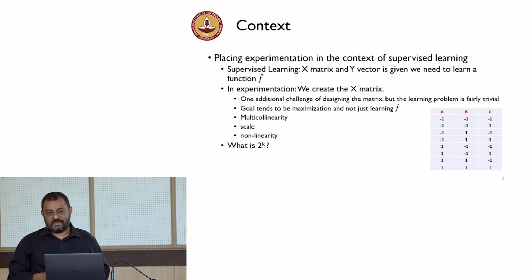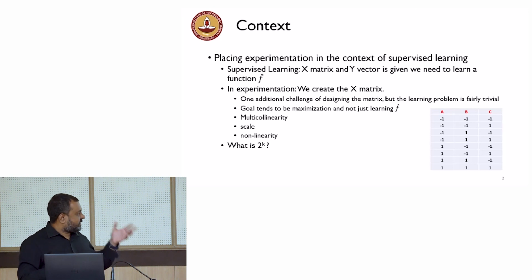When you do an experiment, you're not deciding what the outcome is, but you're deciding how you want to operate the input variables. So it's not a passive consumption of observational data, which is what you might be doing in a supervised learning paradigm, but you actually have the unique opportunity to fix X and then go fetch Y.